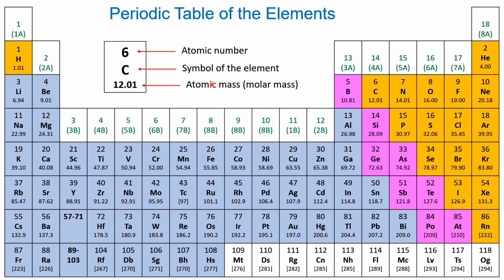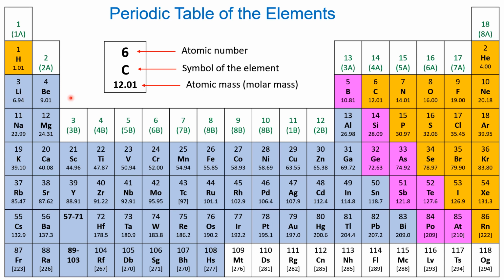Okay, we have two types of groups. A group is called a main group or representative group, and the B group is called the transition elements. Okay, and we see the colors are different. This teal color is the metals, and yellow is non-metal. There's one non-metal here.